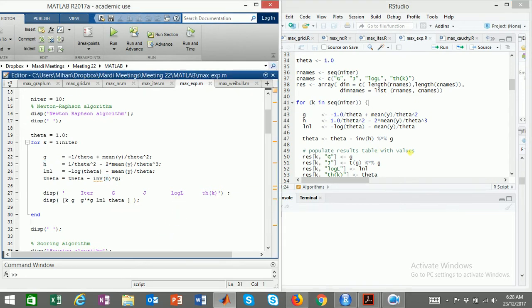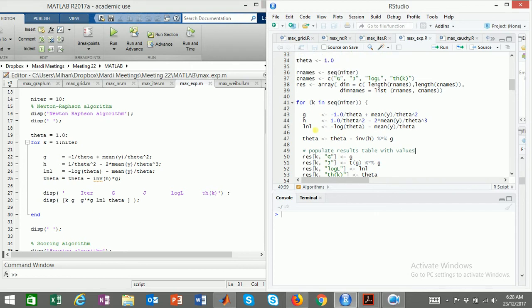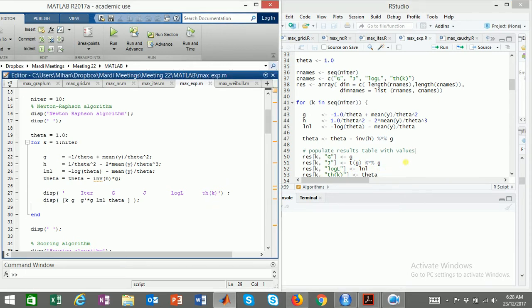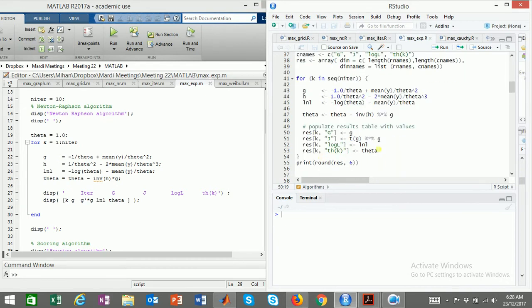Populate results table with values. So okay, under G we have G, under J we have J, log L, theta. Okay, we're just putting these in and making populate results table. We're just creating a results table, and we are rounding it up. That's all.